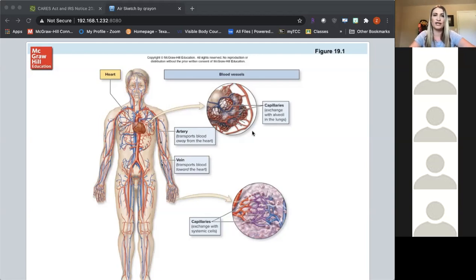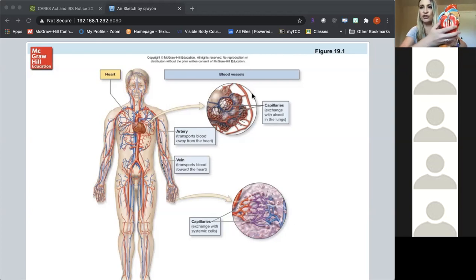The heart is about the size of a fist. The heart is a double pump. It is composed of 2 atria and 2 ventricles, and these are separated by either the tricuspid or bicuspid valve. The tricuspid is on the right side between the right atrium and right ventricle, and the bicuspid valve is between the left atrium and left ventricle.